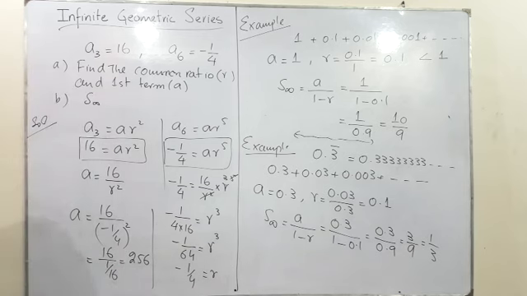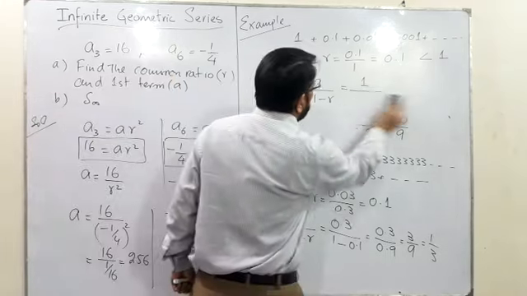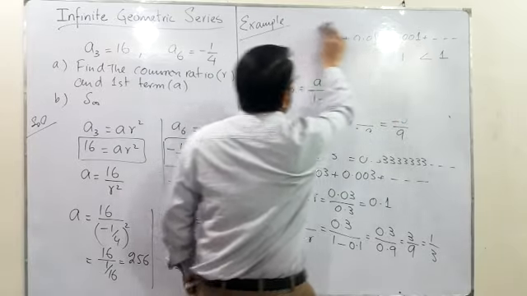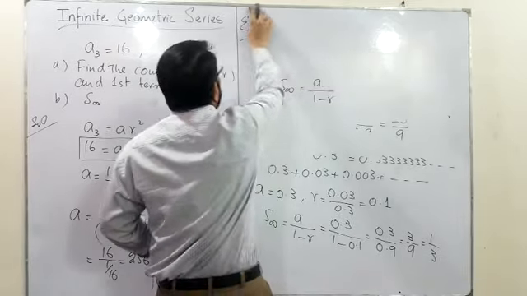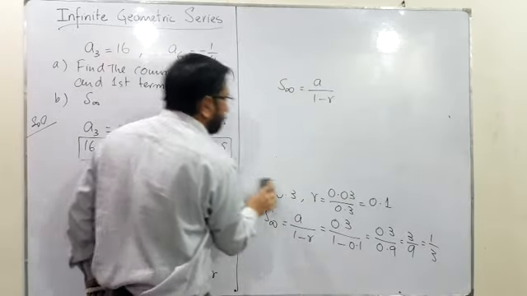Now we can easily utilize this to find the sum of an infinite number of terms by using this formula. Now for the B part, we'll be going to this formula.